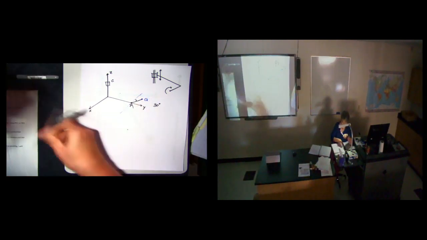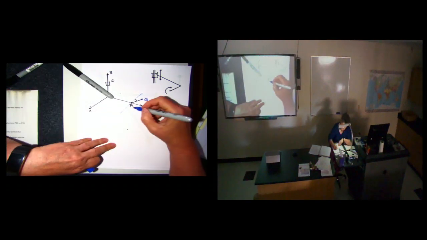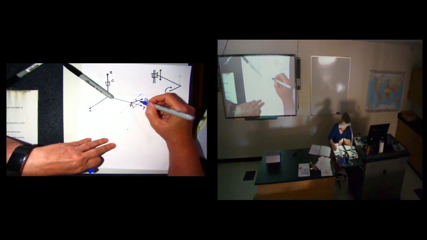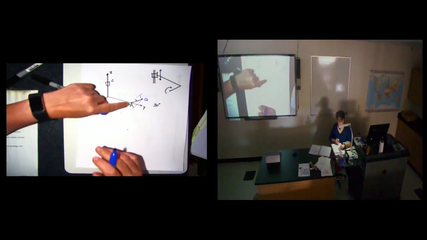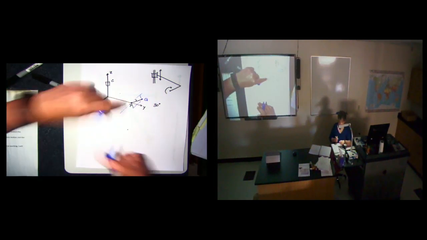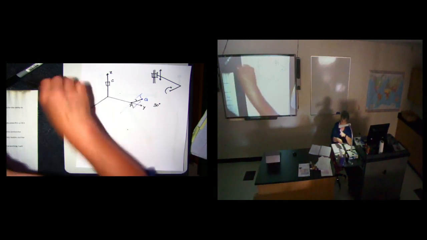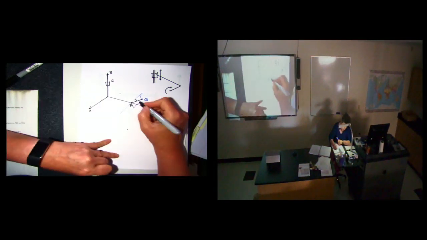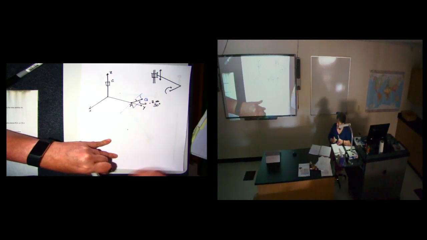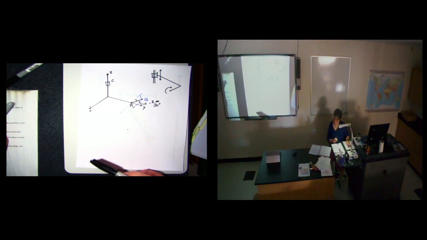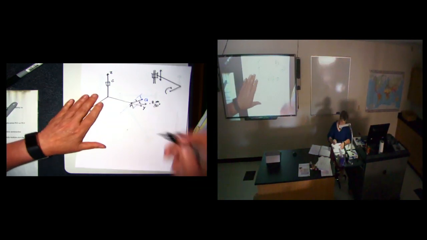So if I'm adding some things to help me out, this is 30 degrees below the horizontal, and the length of this arm is 0.2 meters.